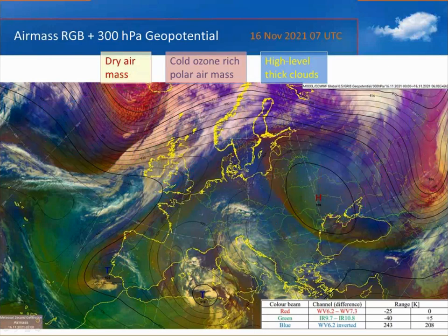And then we have this cold ozone-rich polar air mass, which resides in a very blue color, as we also have. We have several places actually where we have this blue color, and high-level thick clouds are also very nice and easy to identify. Those are the white colors, and also in connection with this nice cloud structures over here.